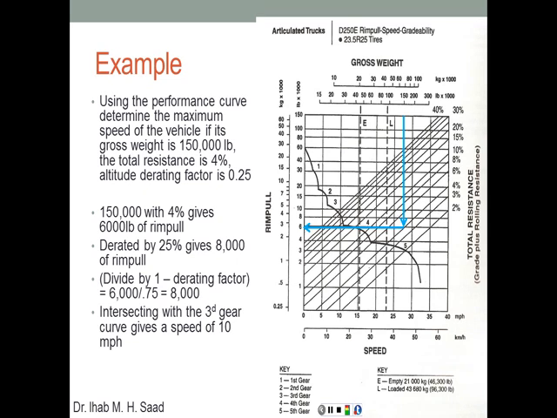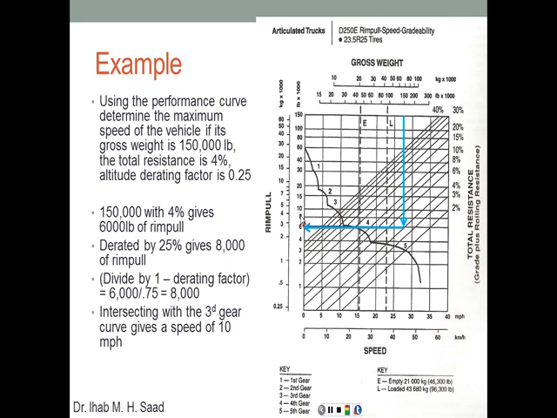So we're going to derate that. We're going to decrease that by 25%, which means dividing by 1 minus the derating factor, which is 25%. So we're dividing 6,000 by 0.75, which is 1 minus 0.25, which gives a required rim pull of 8,000 pounds.